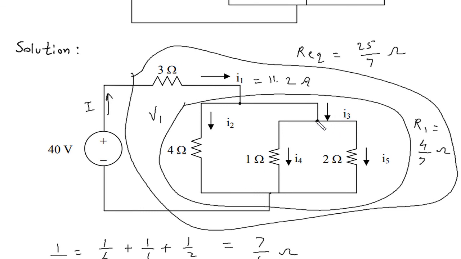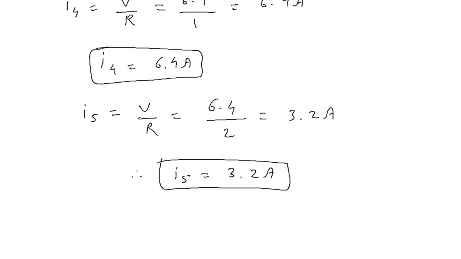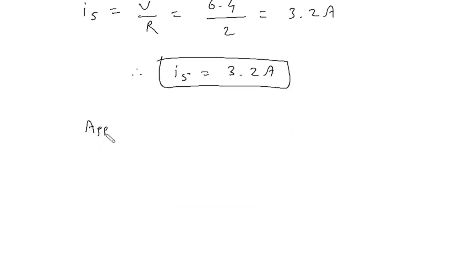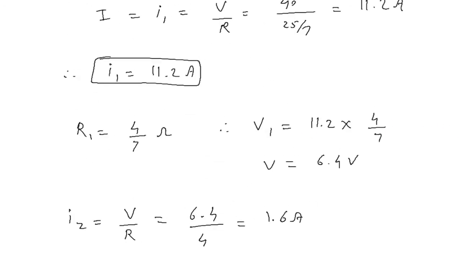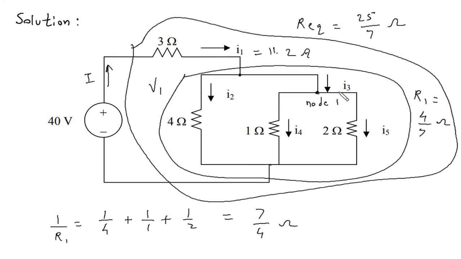So let us say this is node 1. We will apply KCL at node 1. Summation of current entering a node is equal to summation of current leaving a node. So the entering current is I3.